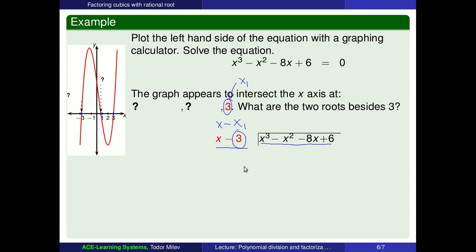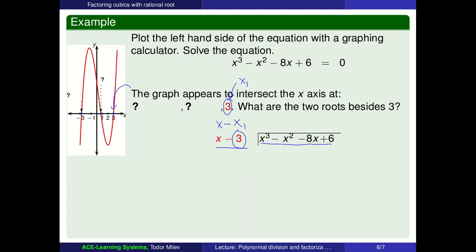Now, how will we know whether the dividend is divisible by x minus 3? We will know if the remainder turns out to be 0. If the remainder does not turn out to be 0, that means that our eyes have deceived us and 3 is not a root. However, if our eyes have not deceived us, then dividing that polynomial by x minus 3 should yield us the remainder 0.